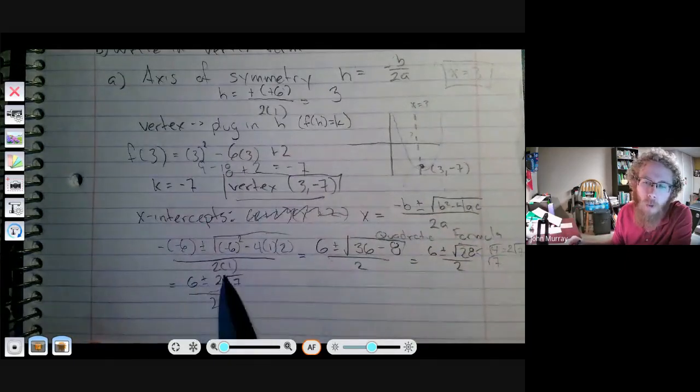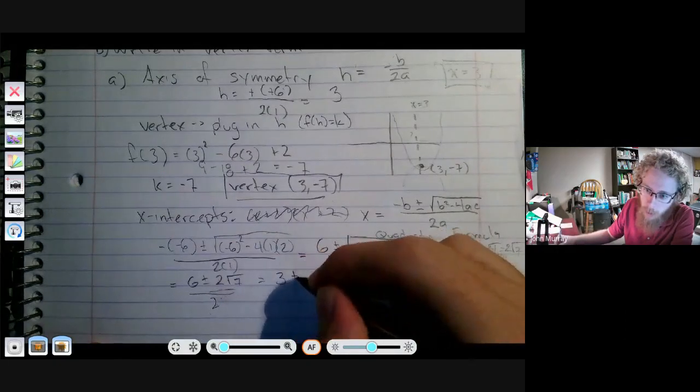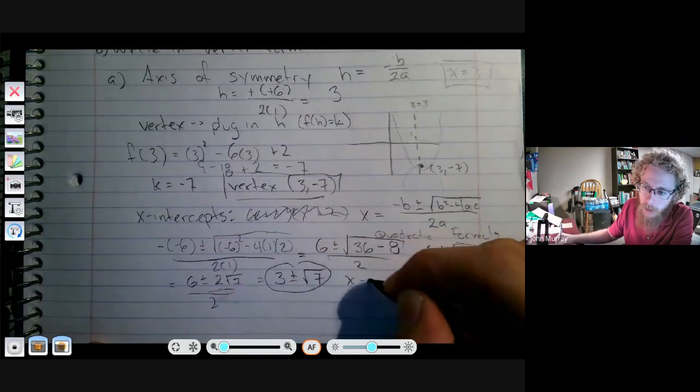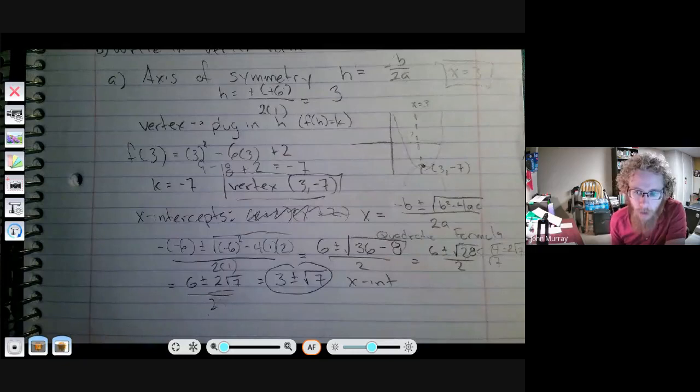Now, because each one of these is divisible by 2, I divide everything by 2. And this gives me 3 plus or minus the square root of 7. All right, so those are our x-intercepts.